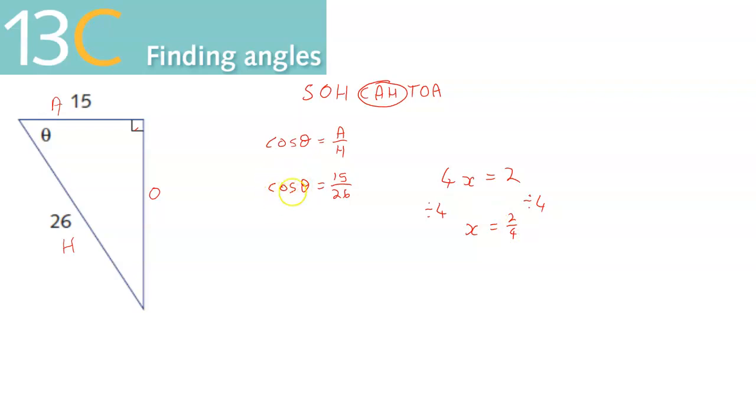I can't divide by cos because the cos isn't multiplying the angle, it's a relationship between the angle and the other sides. But I can use an inverse operation, and that inverse operation is just called inverse cos. And it looks like cos to the power of -1, but it's not to the power of, it means inverse.